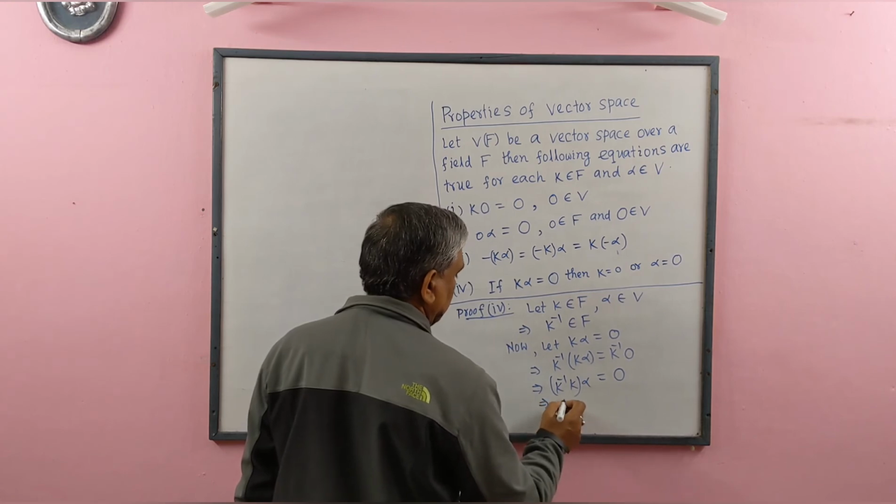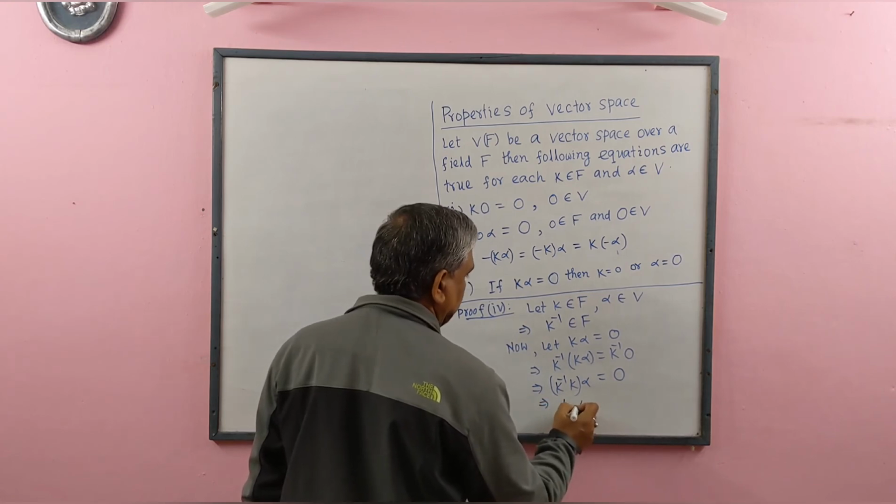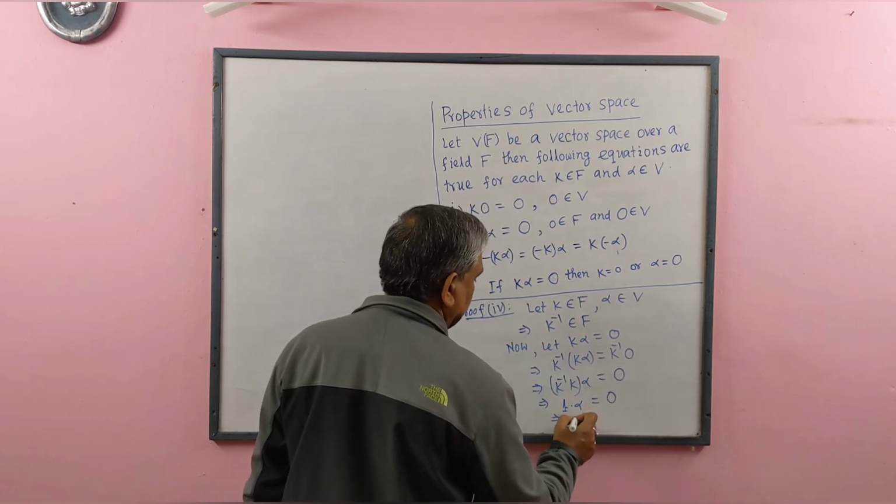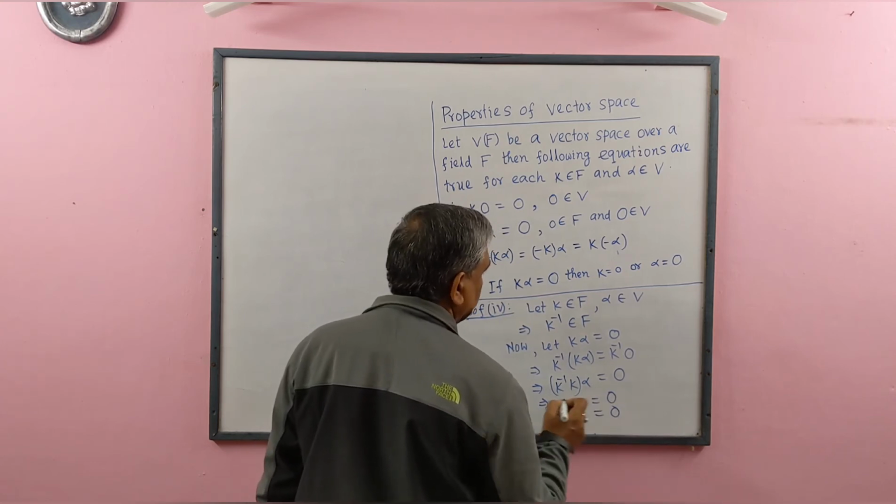This implies that 1 times alpha equals 0 vector, so alpha equals 0 vector.